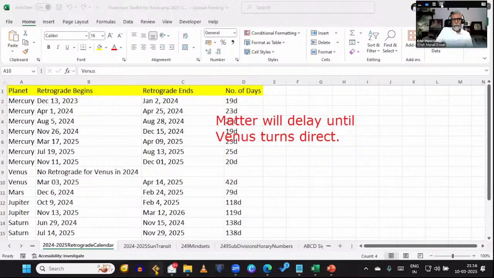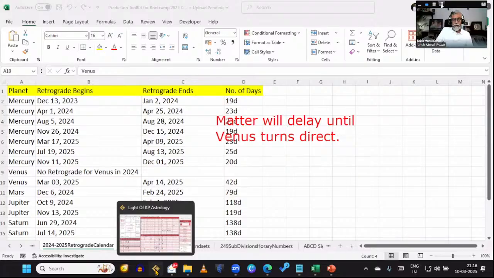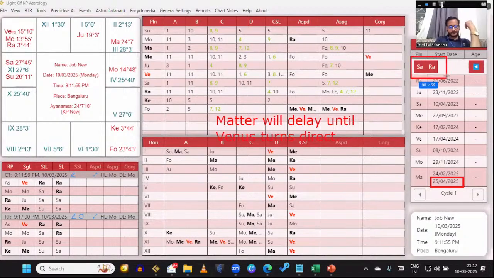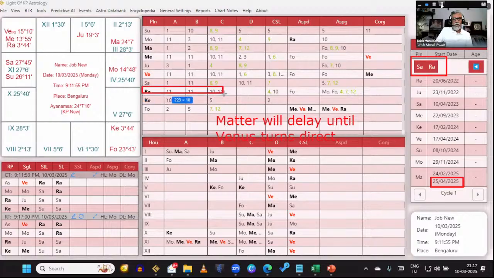Now we need to find the bhukti, Antardasa, after the 14th of April. So we have Rahu up to 25th of April 2025. Rahu Antardasa. Now, is Rahu beneficial? Absolutely beneficial. 11, 10, 11.